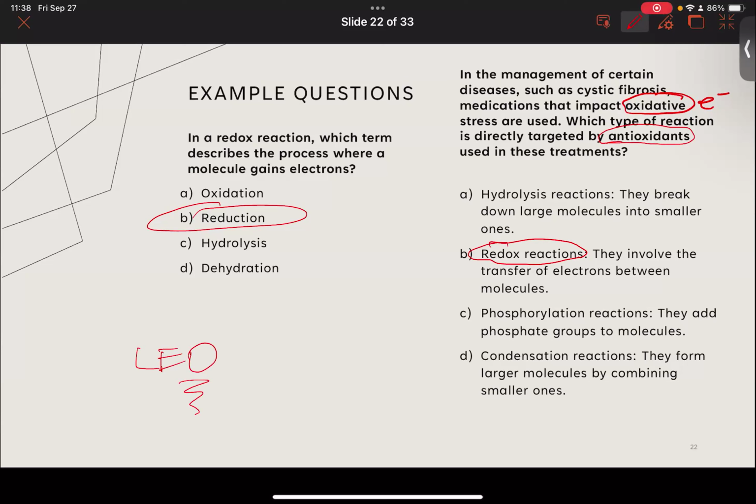That's what an antioxidant is. So any antioxidant is preventing damage being done to any molecules in your cell by oxidative stress, which would be things potentially stealing away your electrons that you need for functioning of your cells. So that's basically what this is talking about here. Phosphorylation reactions, we're just going to knock off the others because we know it has to deal with electron exchange, because it talks about oxidative, which is redox reactions.